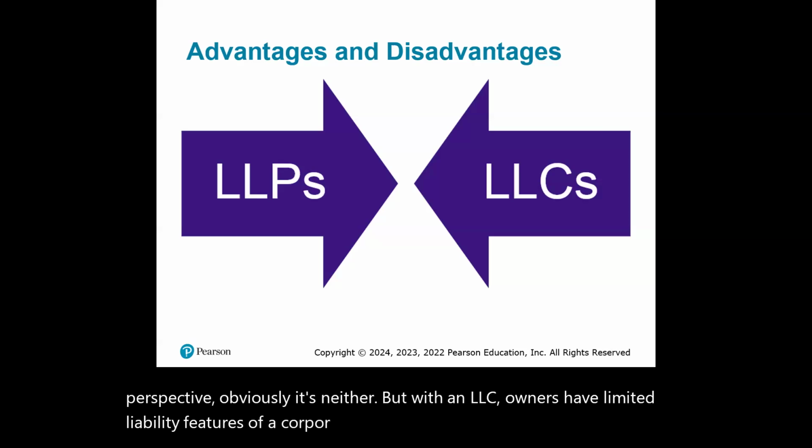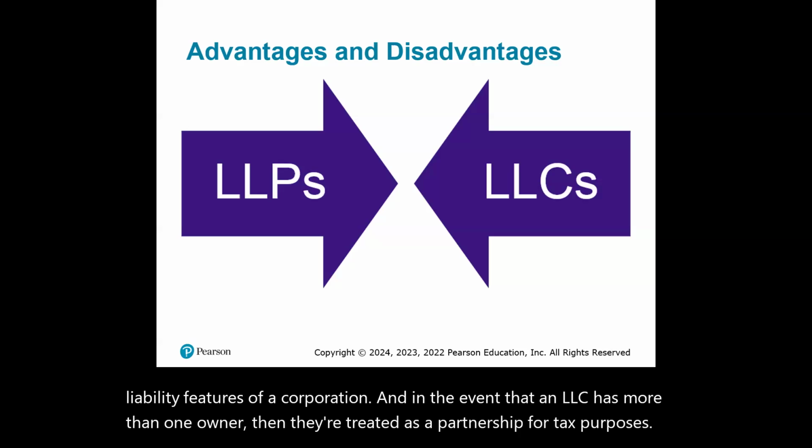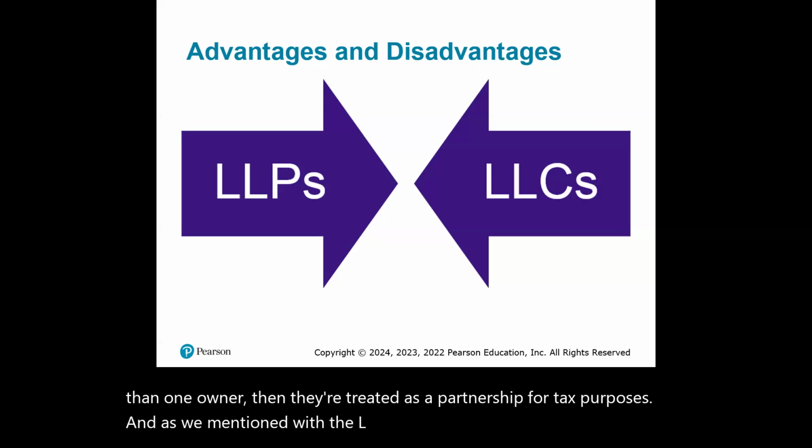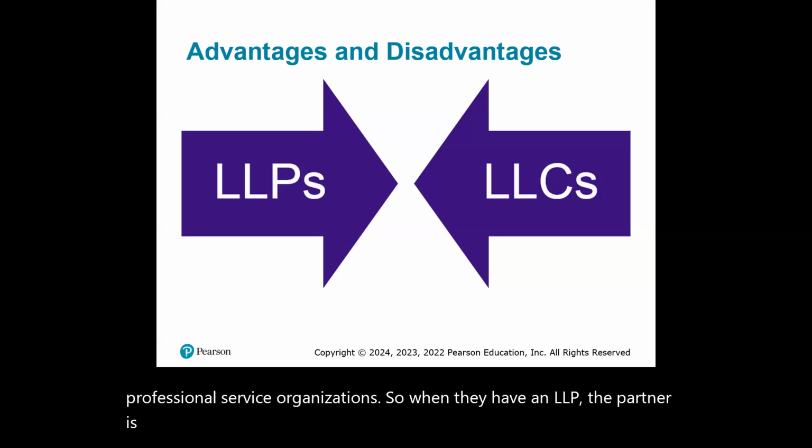And in the event that an LLC has more than one owner, then it's treated as a partnership for tax purposes. And as we mentioned with LLPs, this is attractive to owners of professional service organizations. When they have an LLP, the partner is limited with respect to the other partner's acts.